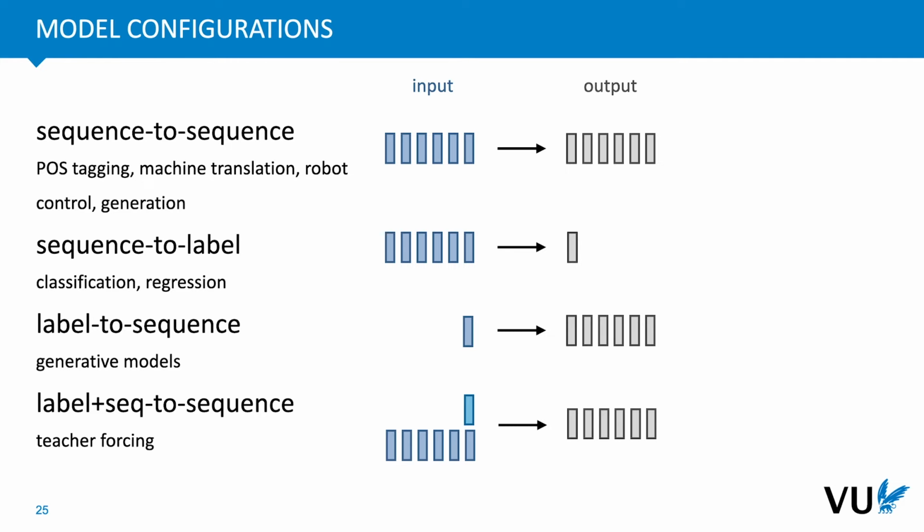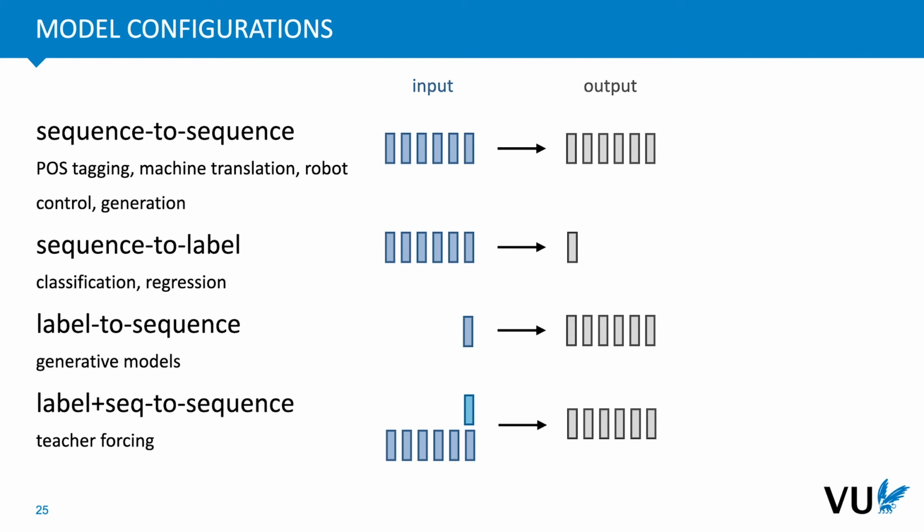So we have our input data properly batched. We have sequence-to-sequence layers. How can we take these ingredients and build them into model configurations? Well, there are 4 basic ways to do this, depending on what we're trying to achieve. Sequence-to-sequence, where both the input and the output of our model is a sequence. Sequence-to-label, where the input is a sequence and the output is a single value, like a classification label or a regression label.